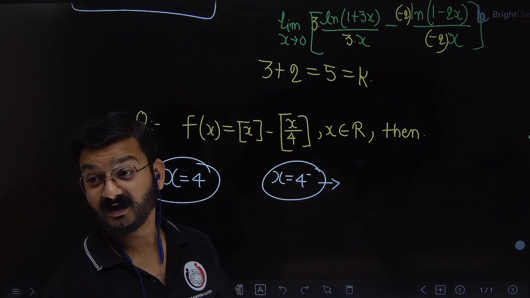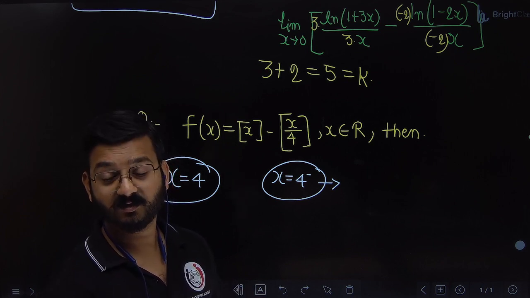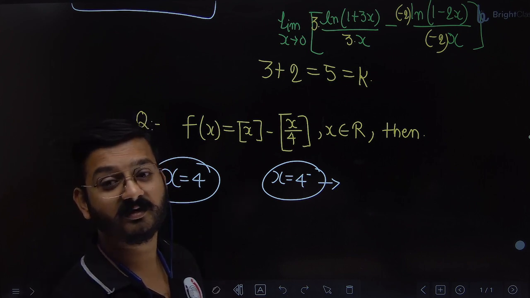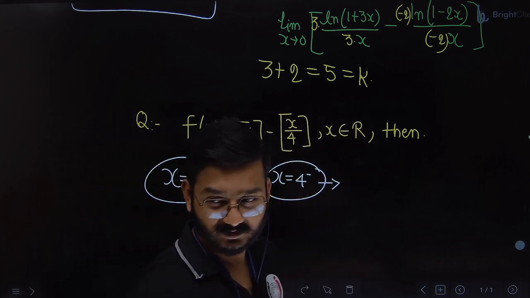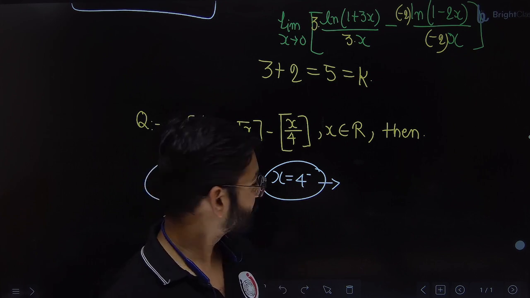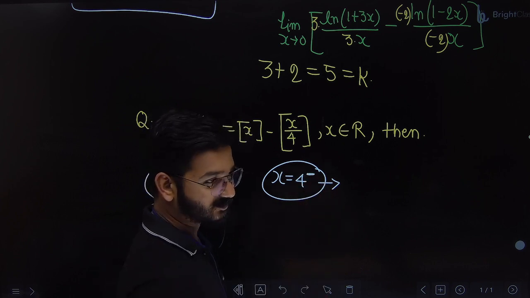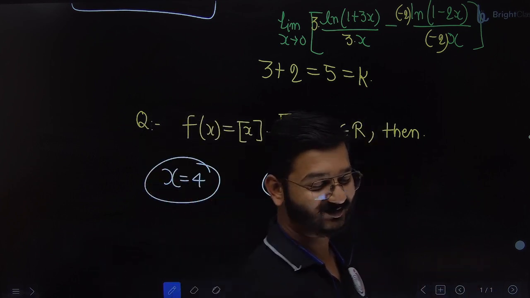Greatest integer gives less value. So less than 4 means which value? Tell me any value less than 4. 3 is less than 4.